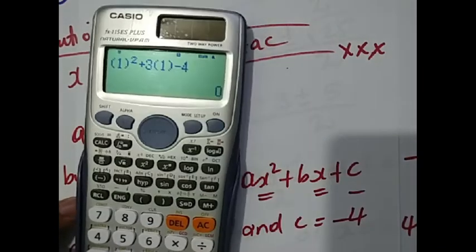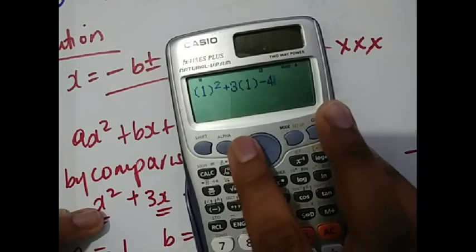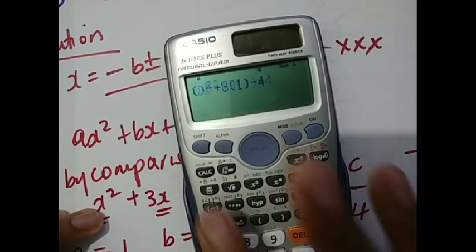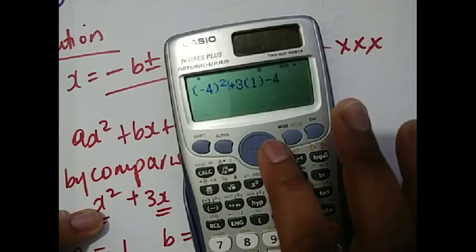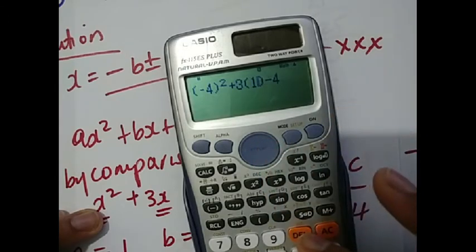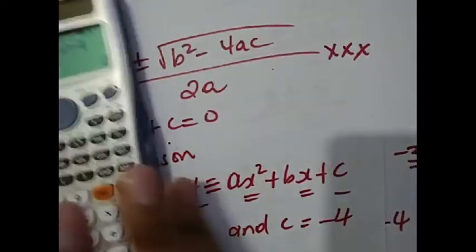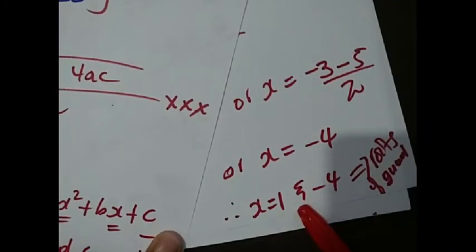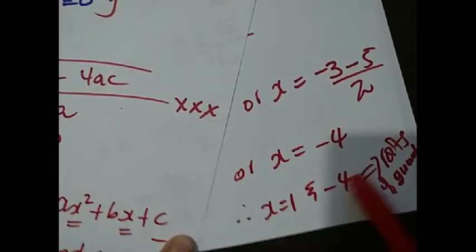So 1 makes it true. And then let's test negative 4 now. And that is also true. So therefore, x is equal to 1 and negative 4.